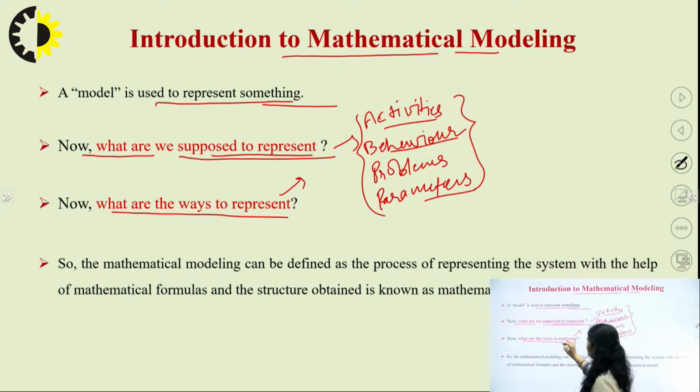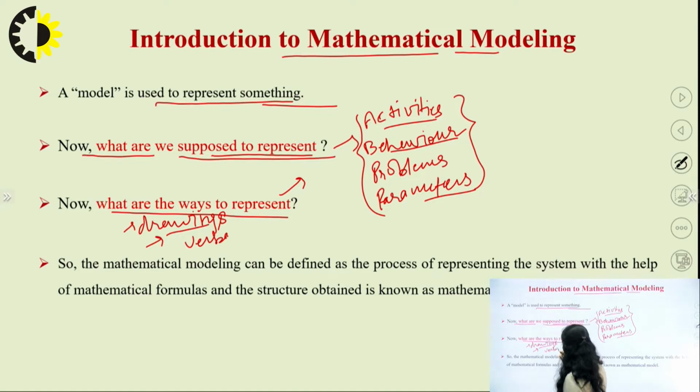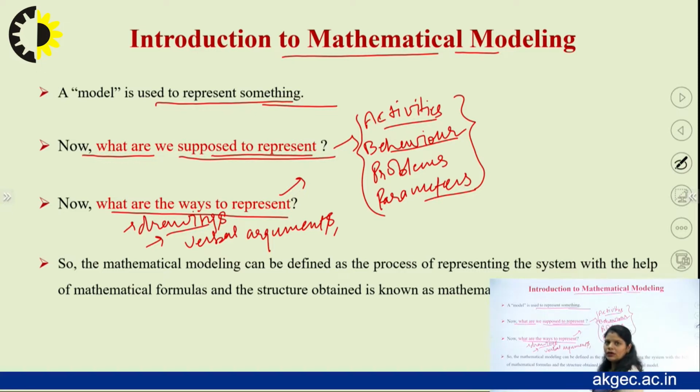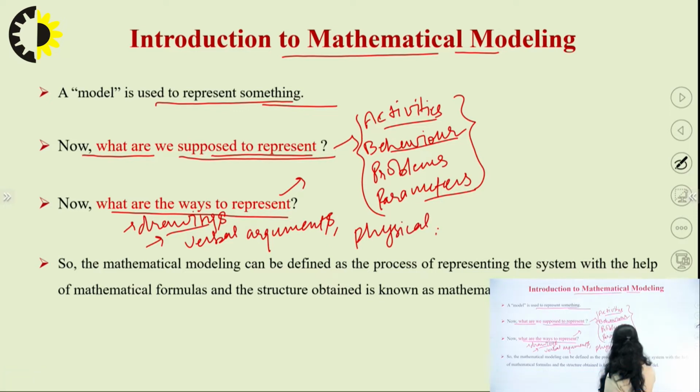Okay, so what are the ways to represent? We can represent the activities with the help of drawings, or with verbal arguments, or we can make a physical structure, and we can use mathematical formulas also.